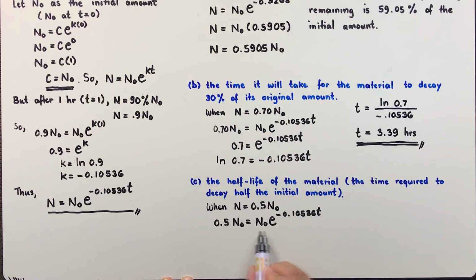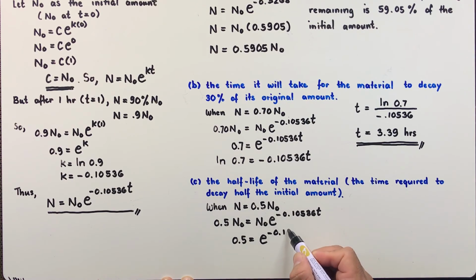Dividing both sides of the equation by N₀, it will be cancelled. So we have 0.5 equal to e to the power of negative 0.10536t.